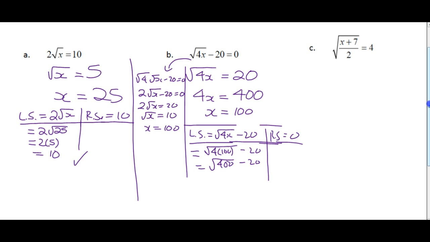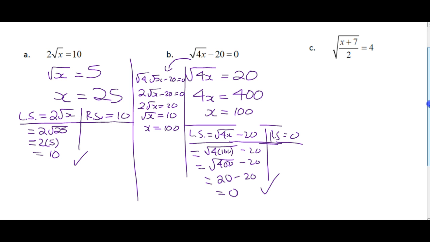Now remember, when it's the radical, you're taking the square root. It's the positive square root only, right? It's not like solving x squared equals 25, where x is plus 5 or minus 5. When it's root 400, it's just the positive root. So it's 20 minus 20, which is 0, and that checks. Oh, that's cool.